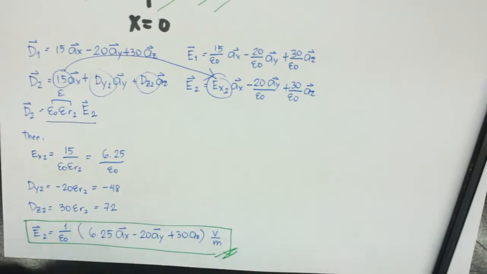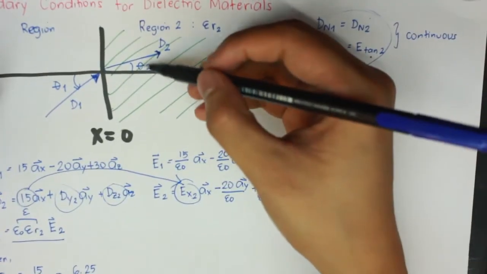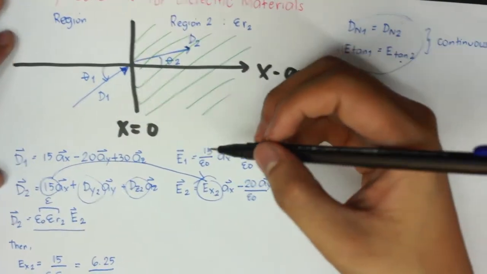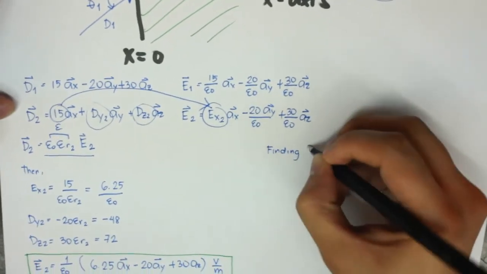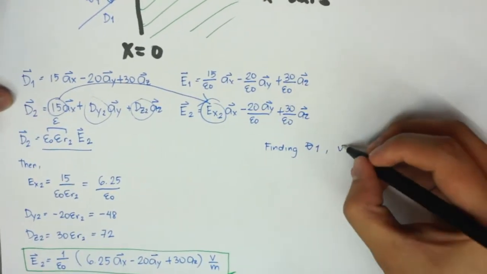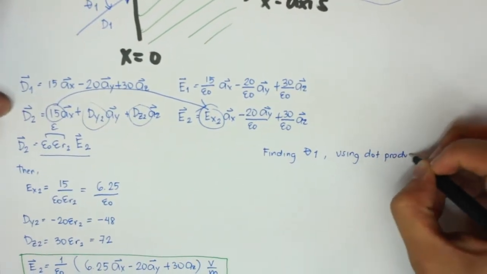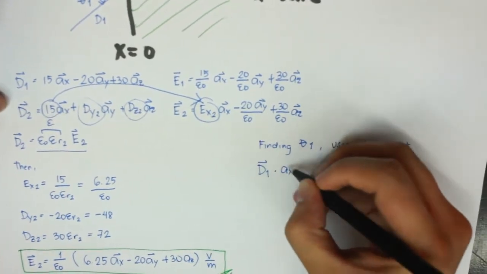Okay? So the next questions are very easy since may information na tayo nung lahat ng components nung electric flux density. So finding theta sub 1 first, using yung concept ng dot product, that's D1 dot ax hat.